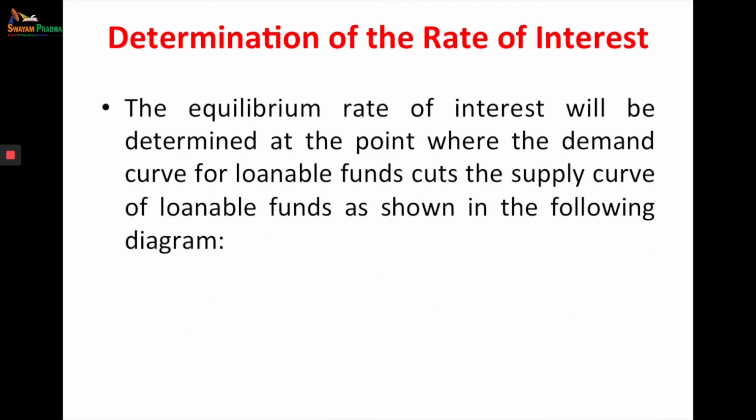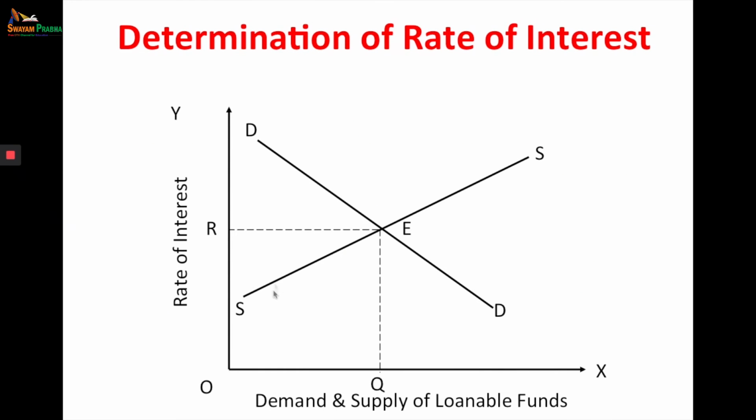More rate of interest means more supply of loanable funds, and less rate of interest means less supply of loanable funds. Now let us discuss where the rate of interest will be determined. Determination of the rate of interest: the equilibrium rate of interest will be determined at the point where the demand for loanable funds cuts the supply of loanable funds. See this diagram.